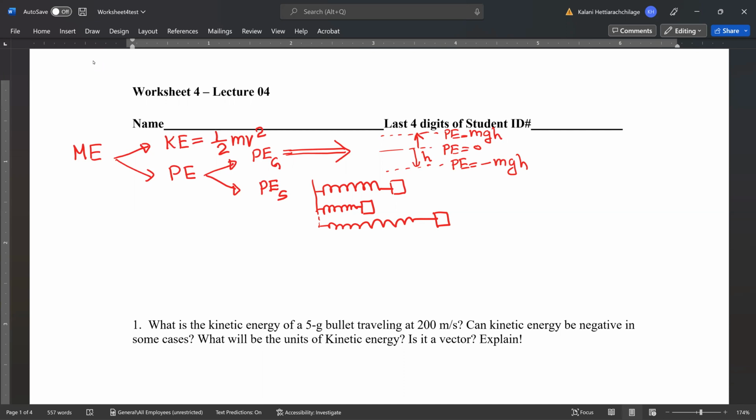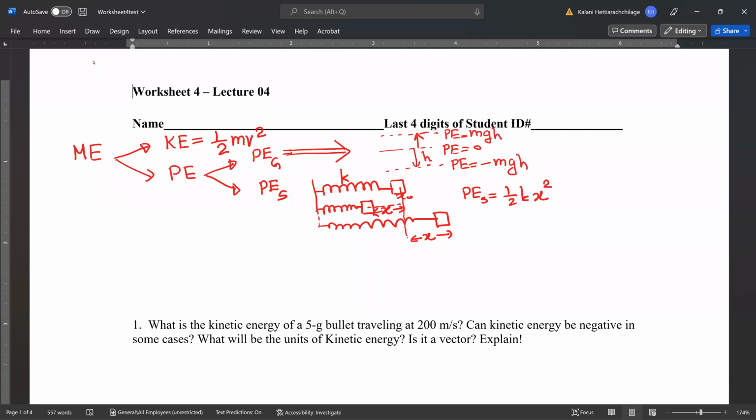We take this as the equilibrium point. If the distance you compress or stretch is x, it actually doesn't matter which. If this spring has a spring constant k, then the potential energy due to a spring will be half k times the displacement squared.